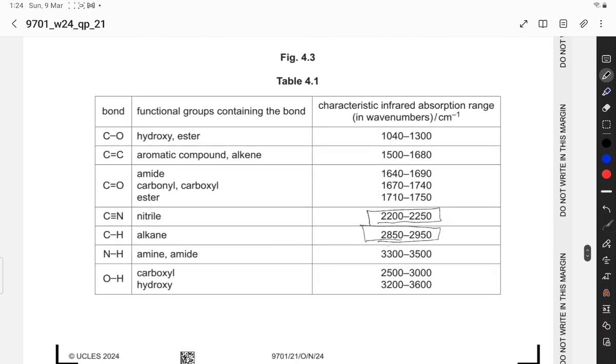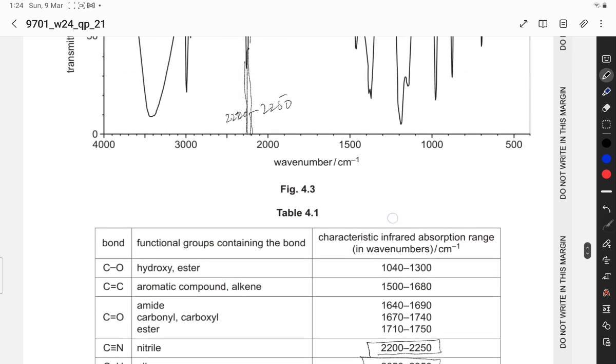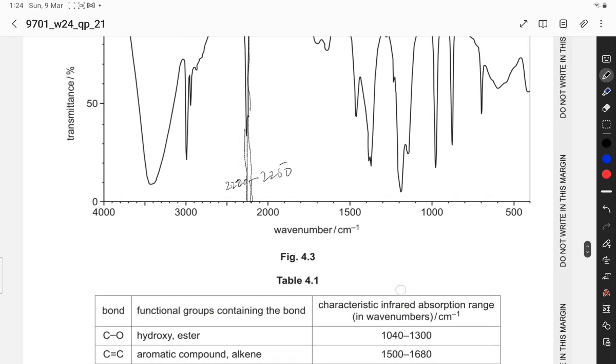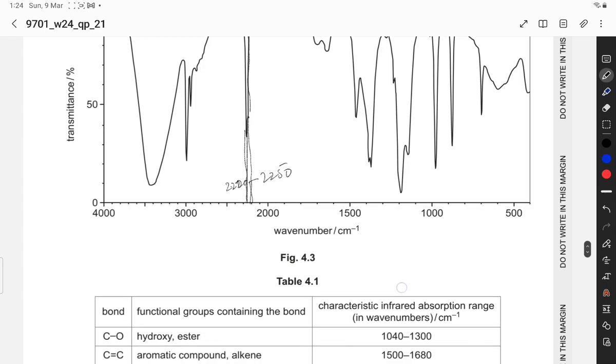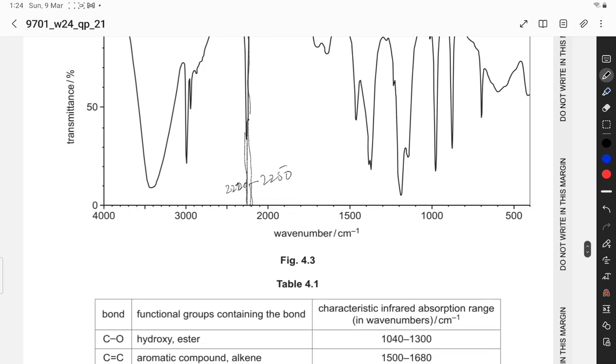So CH bond in alkane is 2850 to 2950. These are the CH bonds. This peak shows the CH bond.